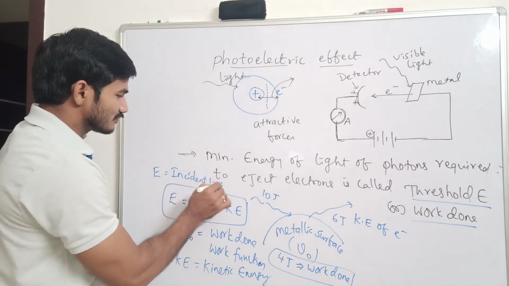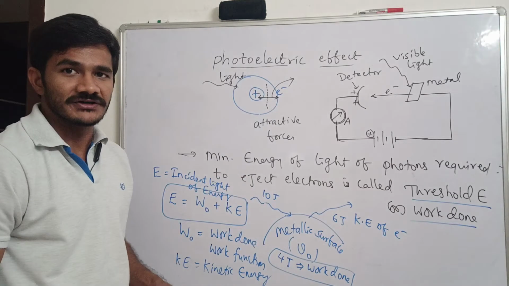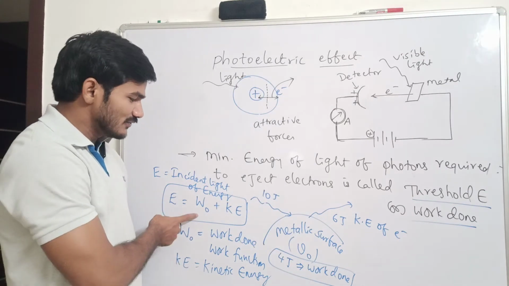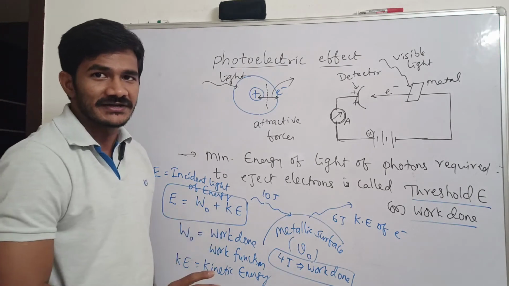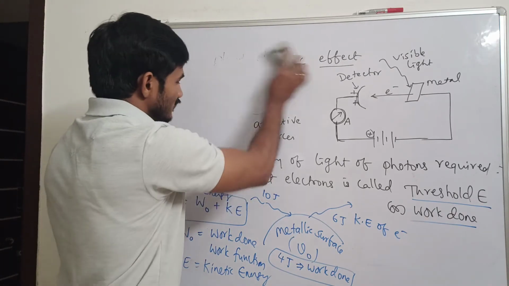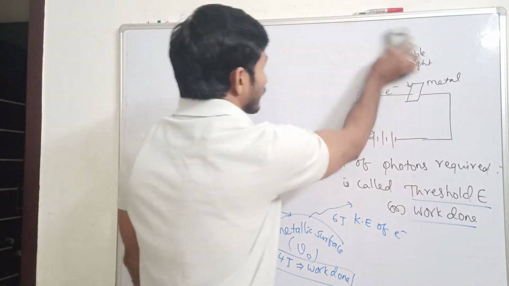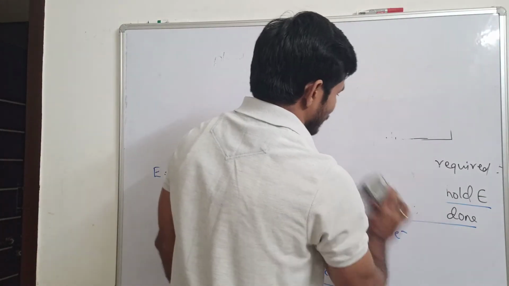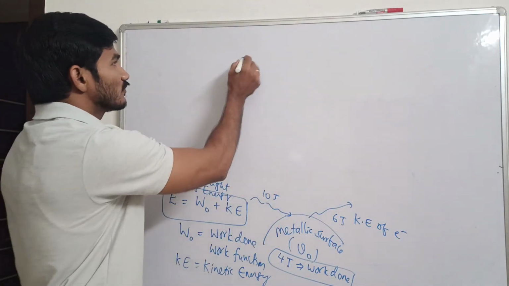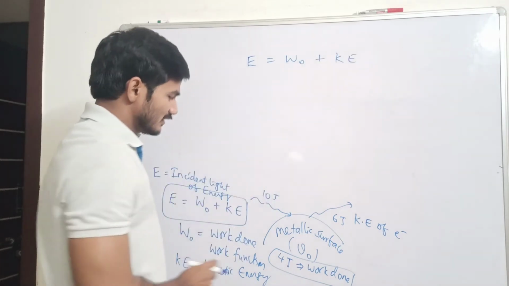When you supply E amount of incident light, out of E, W naught will be work done, and the remaining will be kinetic energy. If I rewrite this, this is a formula: E is equal to W naught plus kinetic energy. What is W naught? Work done.